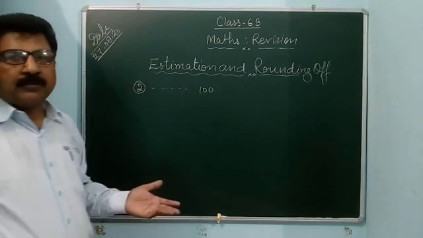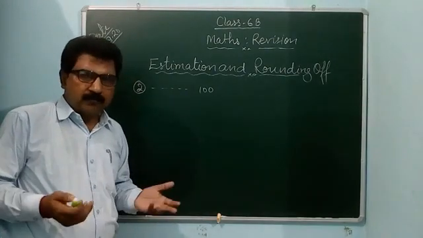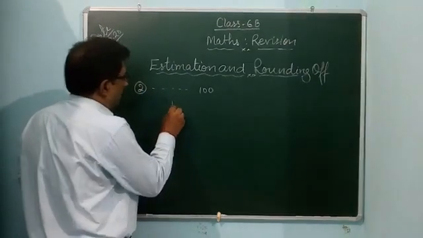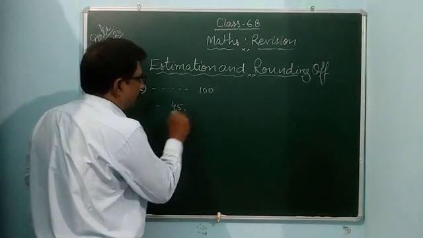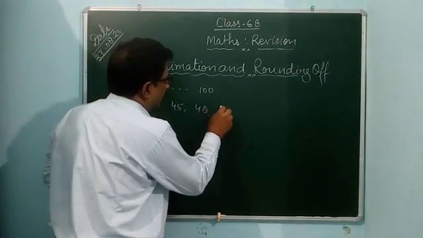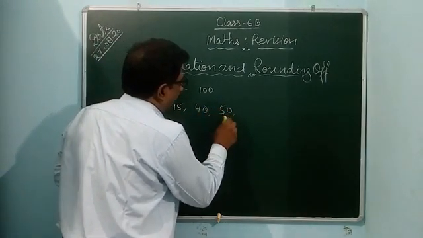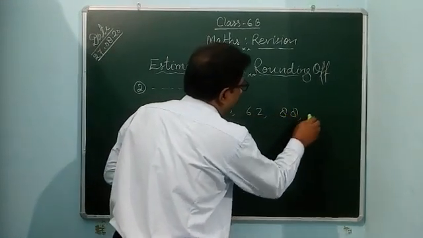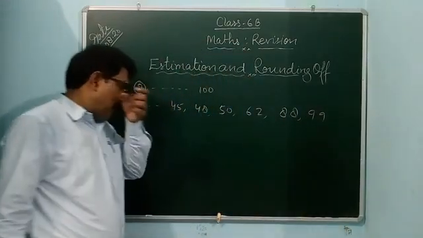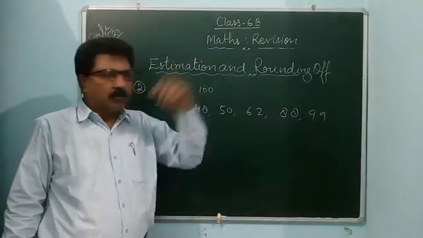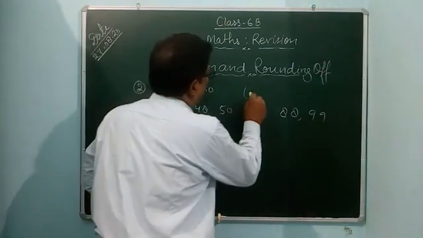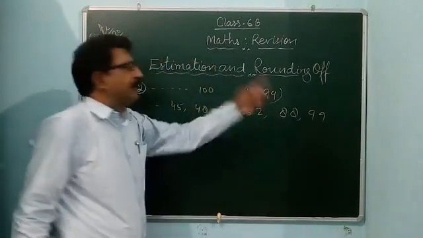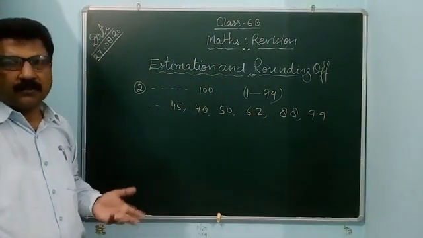If 2-digit numbers are there, like 45, 48, 50, 62, 88, 99, if the numbers given are 1 to 99, meaning maximum 2-digit numbers, how can you do it?